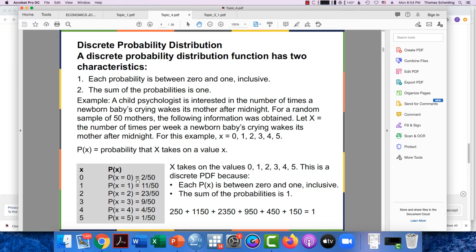If we add these up, 2, 11, 23, 9, 4, and 1, we should see here that should equal our 50 options. And alternatively, if we sum up those probabilities, it should equal 1.